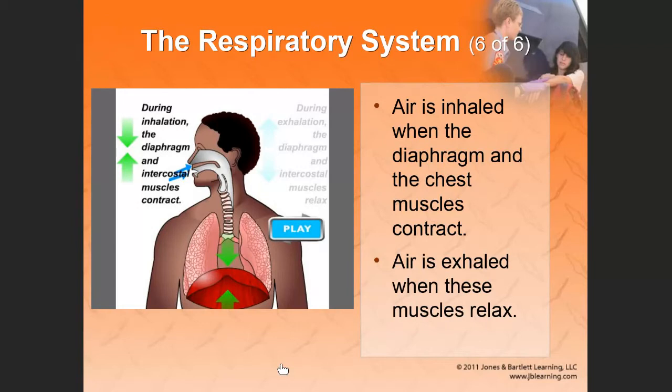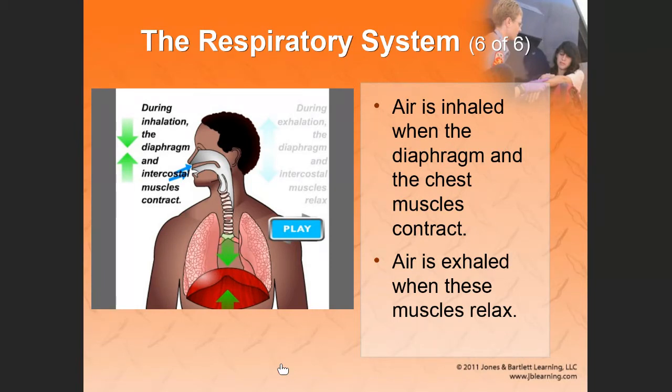Now, exhalation. Exhalation is passive. That means that the muscles relax, the diaphragm relaxes, the chest muscles relax. When that occurs, it decreases the size of the chest.